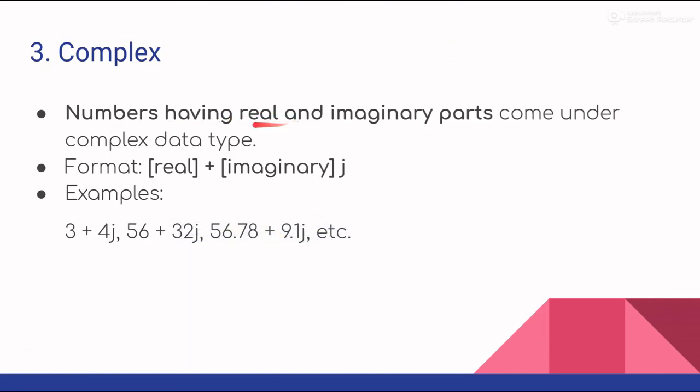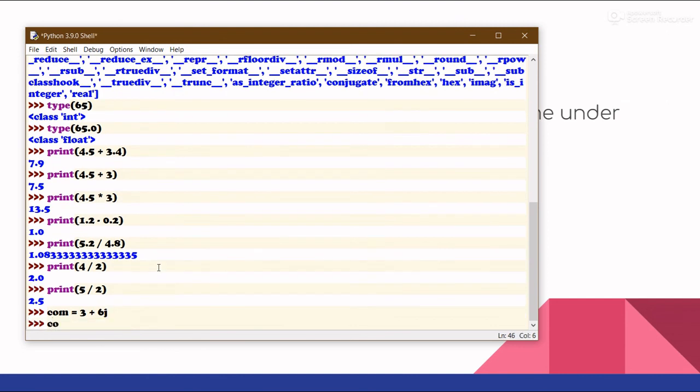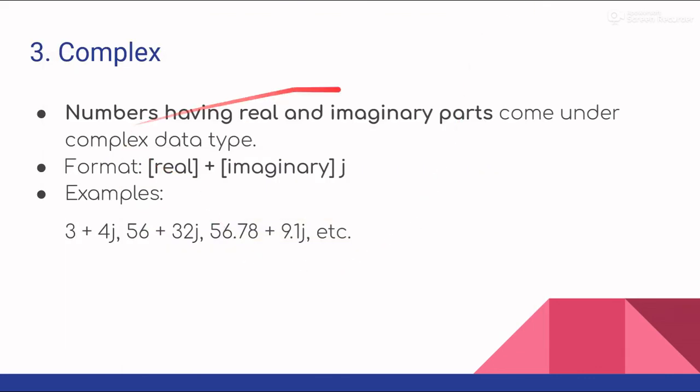We know that complex numbers have real and imaginary parts both. The format of a complex number is real plus imaginary j, which I just wrote over here. Real plus imaginary part and then j. Now if we try to print the complex number, we are going to get something like this. So this is complex. If you don't understand it properly, don't worry, this is not much of a requirement.